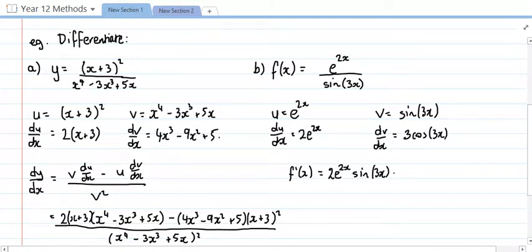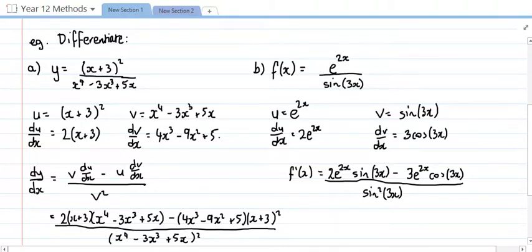Yeah, minus u dv dx, so that'll be 3e to the 2x cos 3x, and then that's all divided by v squared, so divided by sine squared 3x, and that's it.